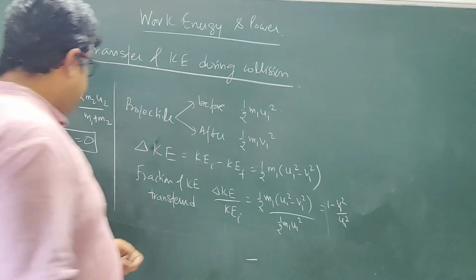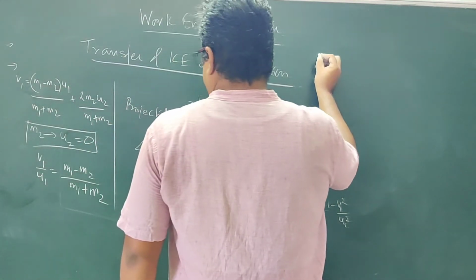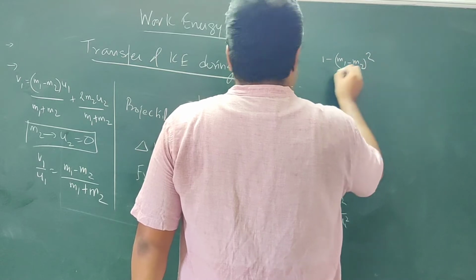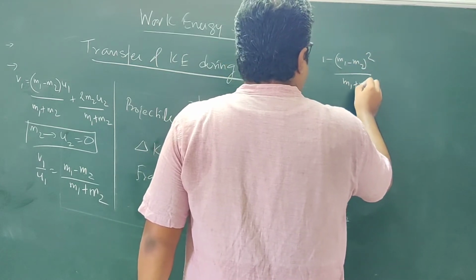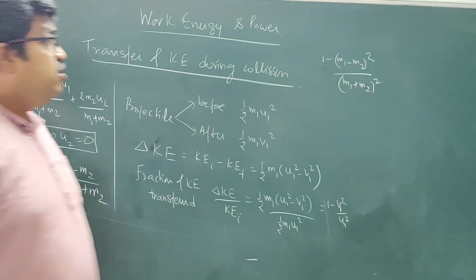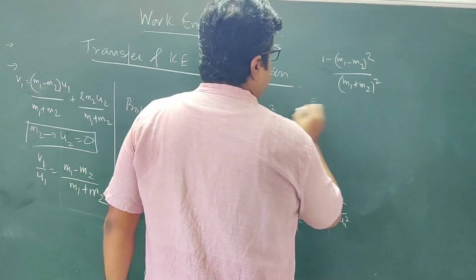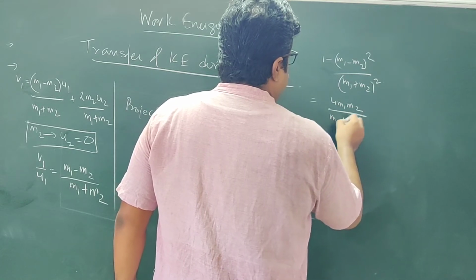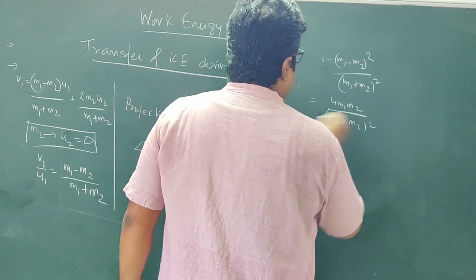So if you substitute this over here, what do I get? 1 minus m1 minus m2 whole square by m1 plus m2 whole square. So this is equal to how much? This is equal to 4 m1 m2 divided by m1 plus m2 whole square.